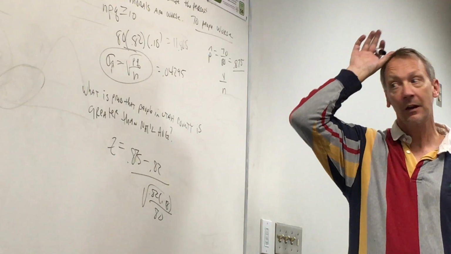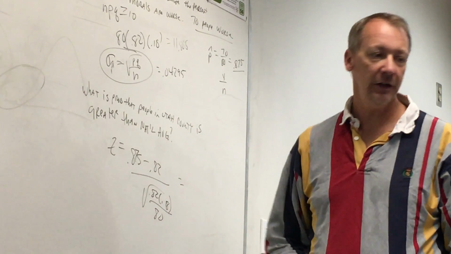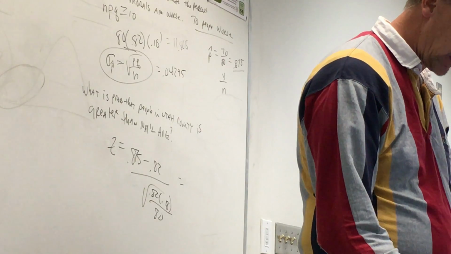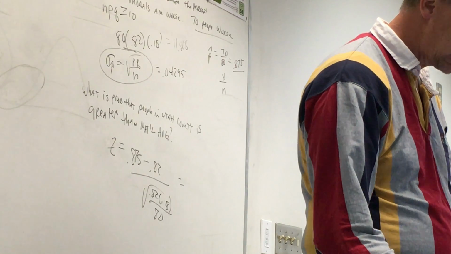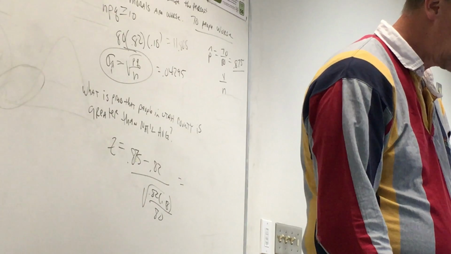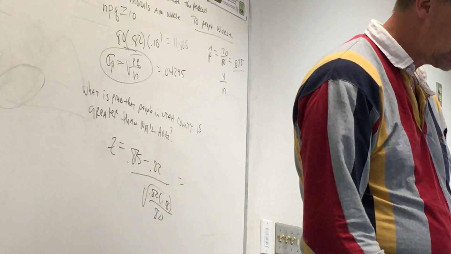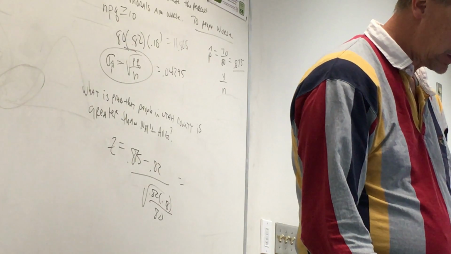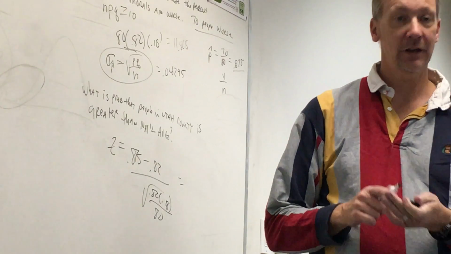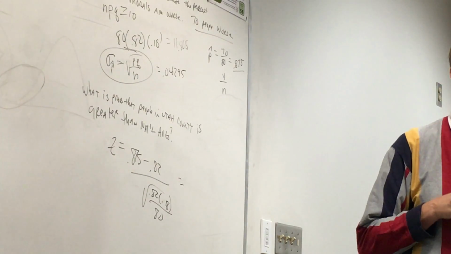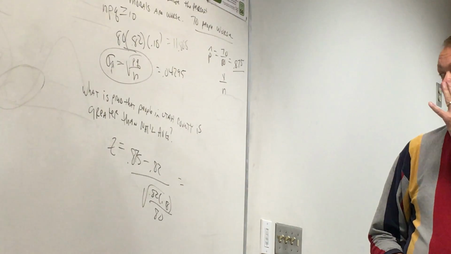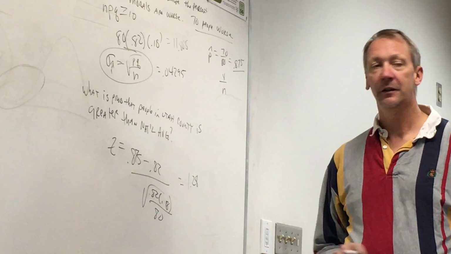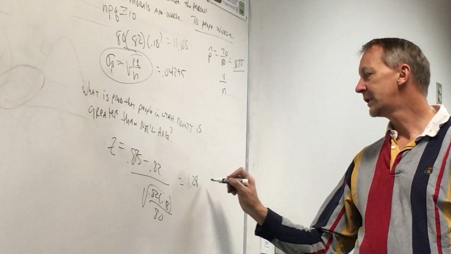All right, so we do this, and we get 0.875 minus 0.82. I'm just going to pull my standard deviation down here. Equals this number divided by that number, and I get 1.28. So this gives me 1.28. What does that mean? That's my z-score, right?